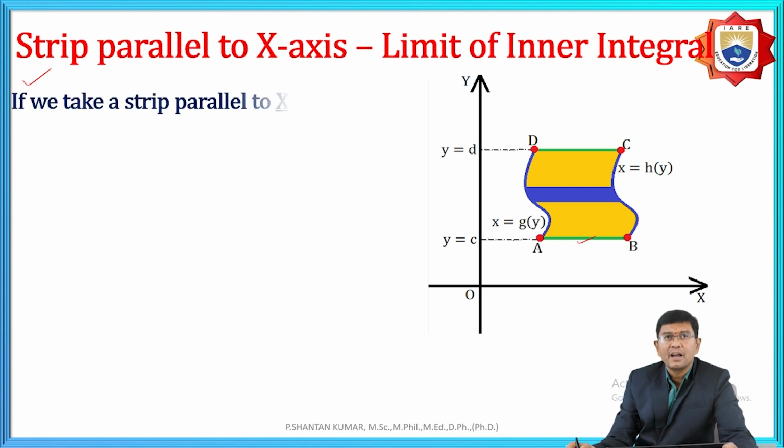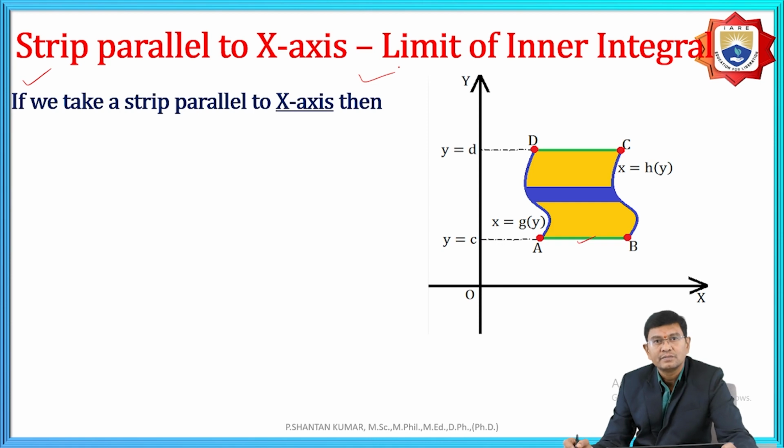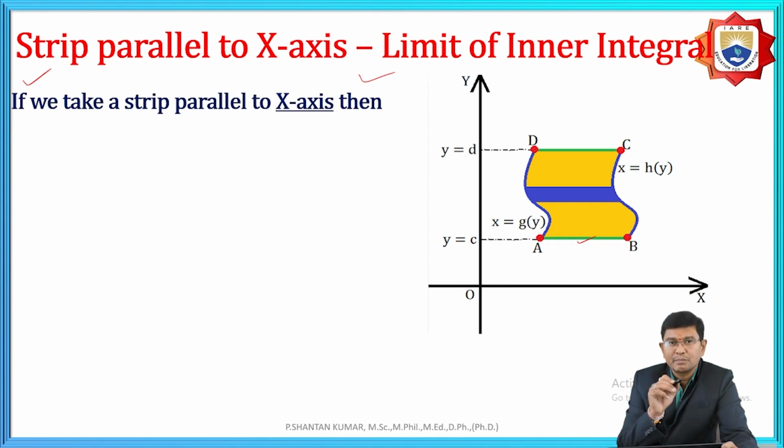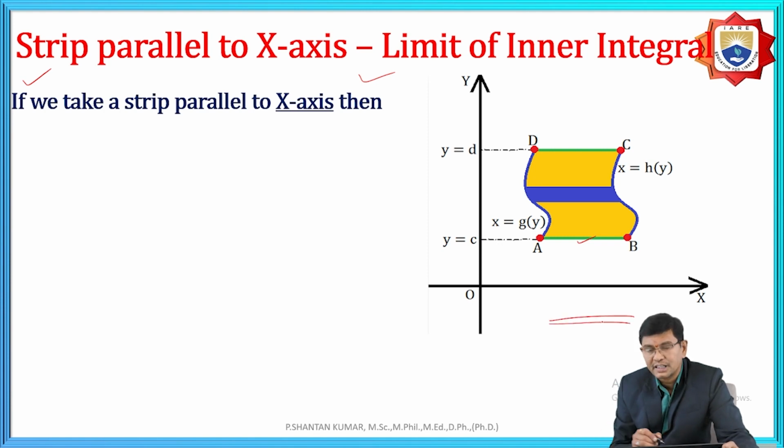Similarly, if you take the strip parallel to the x-axis, that is a horizontal strip. In this horizontal strip, the inner part is on the left side and the outer part is on the right side.